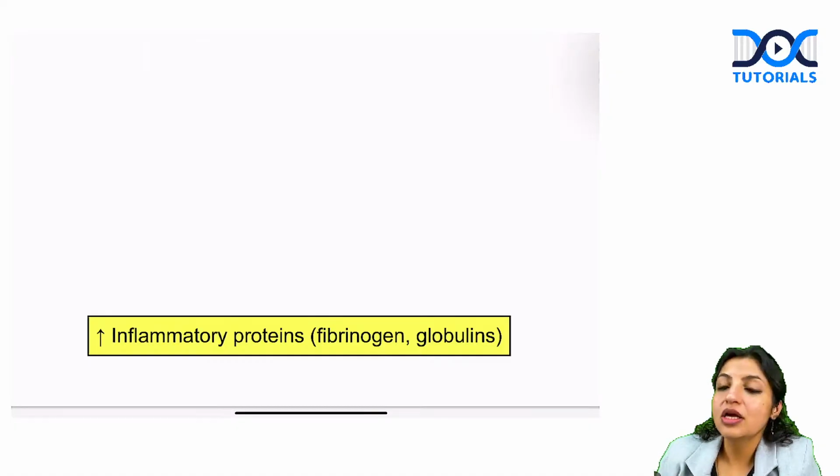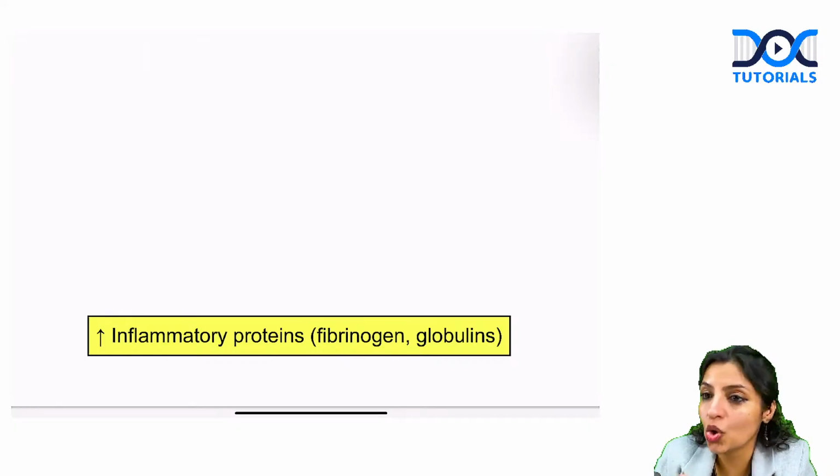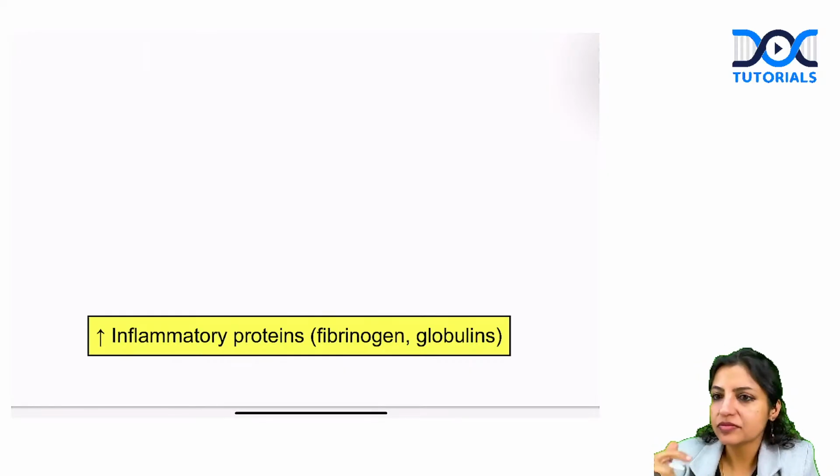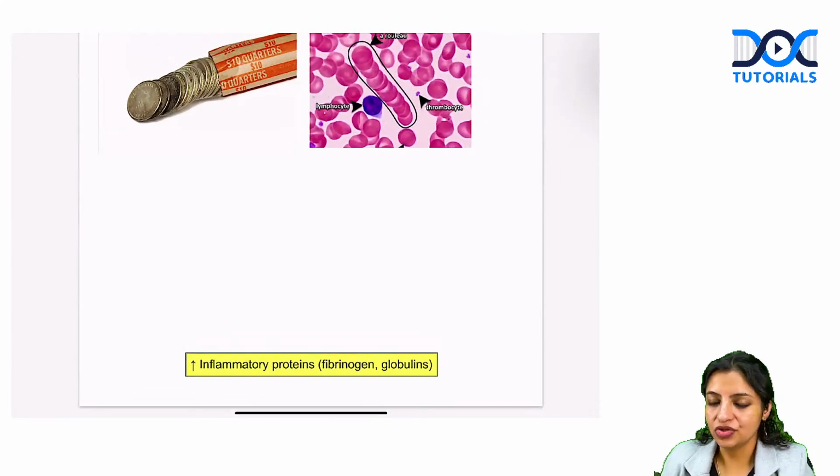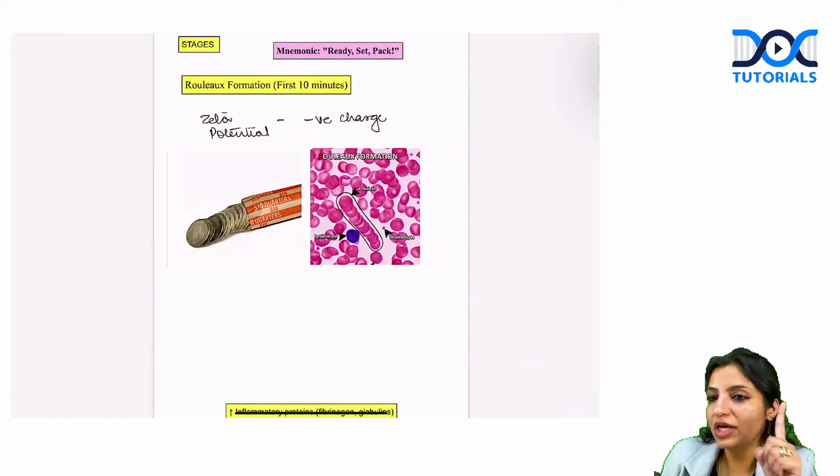That is why in most inflammatory conditions like tuberculosis and rheumatoid arthritis, where the acute phase reactants like fibrinogen and globulins are increased, they remove the negative charge of the RBCs and help in forming rouleau. So you see rouleau formation more in inflammatory conditions. So that is stage 1, rouleau formation.